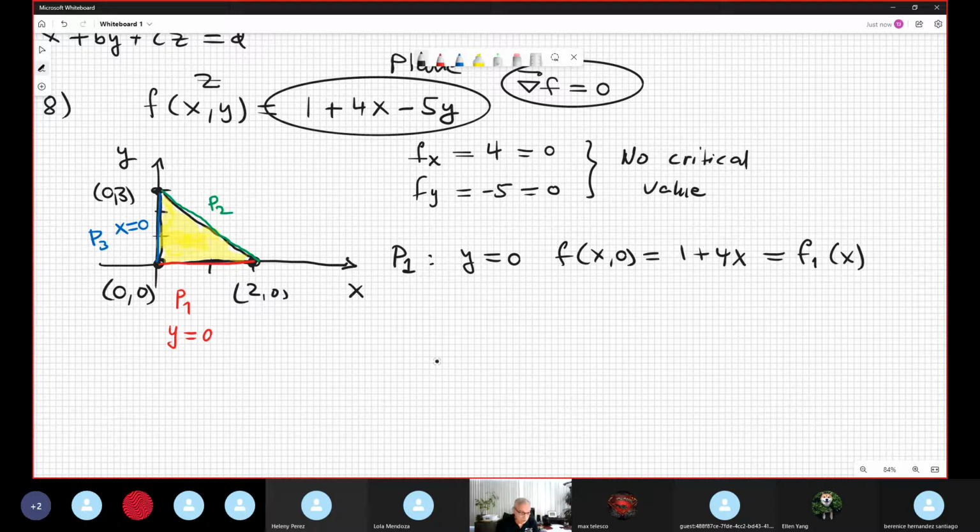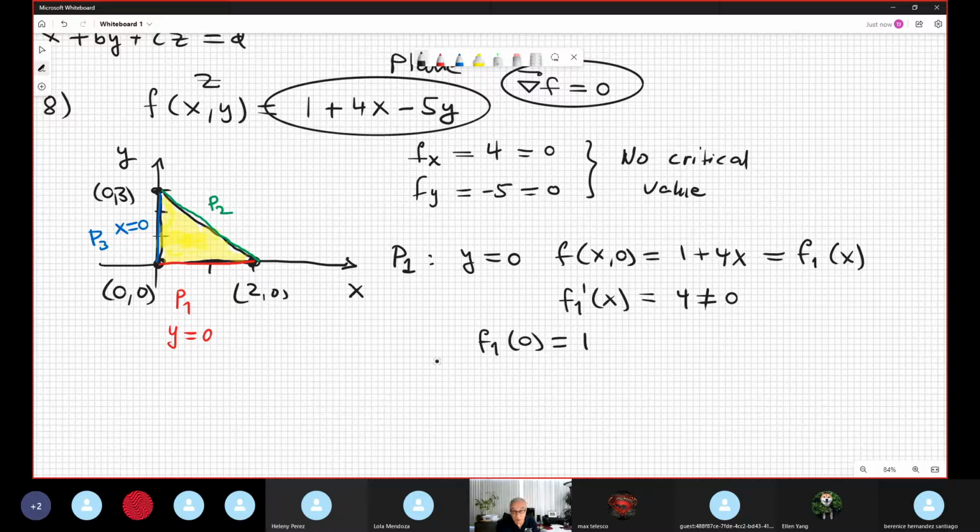So now, if you differentiate function 1, this is only a single variable problem. The answer is 4, and 4 is not 0. Again, when you travel along this, we have no critical value. Now I evaluate only at the corners. You evaluate function 1 at 0. It's obvious that it's 1, no?